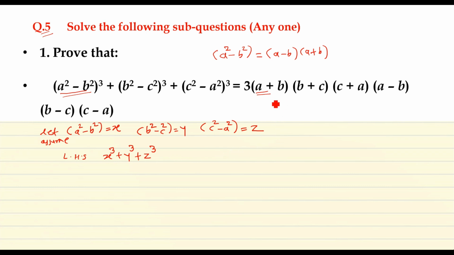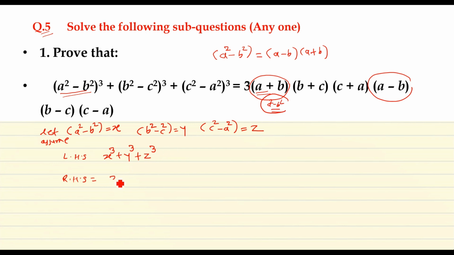Now coming to the RHS, this is a minus b and a plus b, which can be written as a square minus b square, and this a square minus b square is nothing but x.